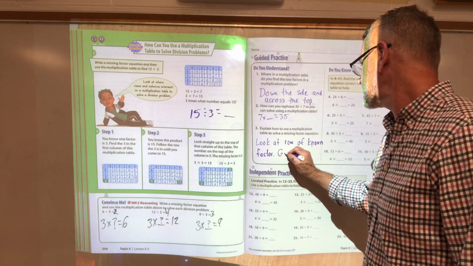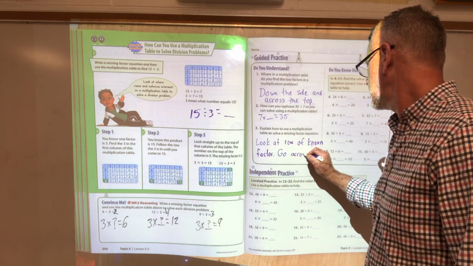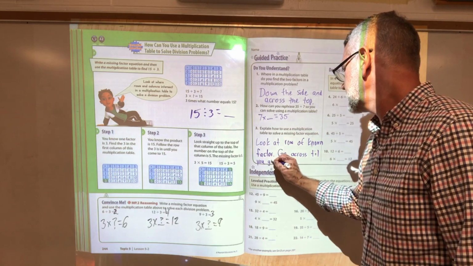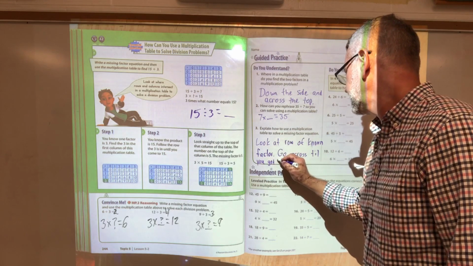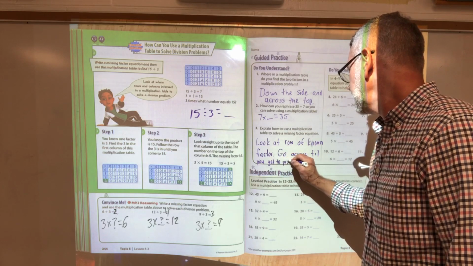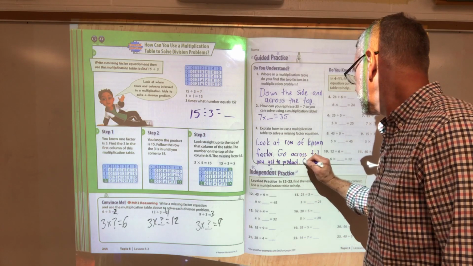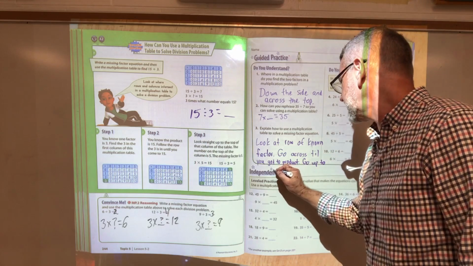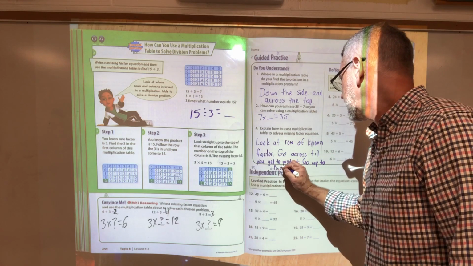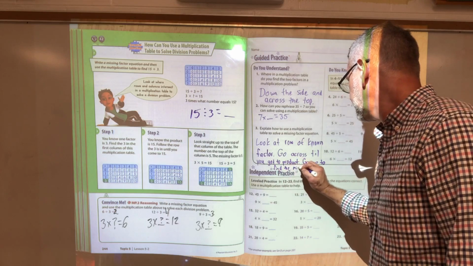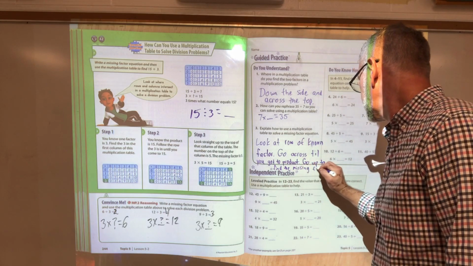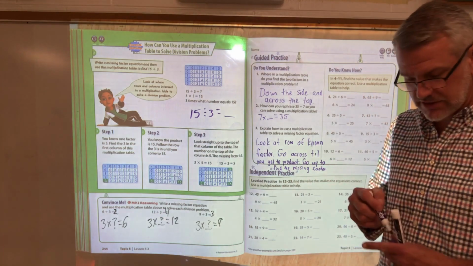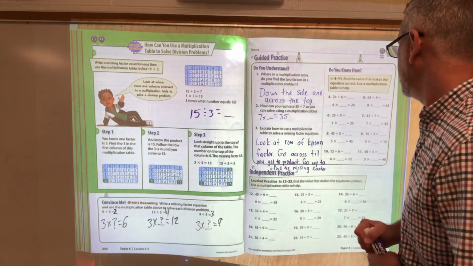And you go across till you get to that product. Then you go up to find the missing factor. Okay, that's a lot of words to explain what I just showed you.